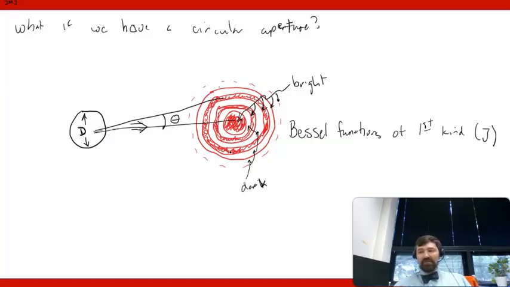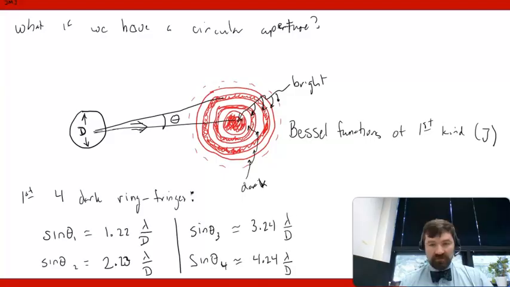So where are the first few of these located? The first four dark fringes are located by these angles. Sine of theta 1 is approximately 1.22 times wavelength over diameter. Sine theta 2 is approximately 2.23 wavelength over diameter. Sine theta 3 is approximately 3.24 wavelength over diameter. Sine of theta 4 is approximately 4.24 wavelength over diameter, etc.